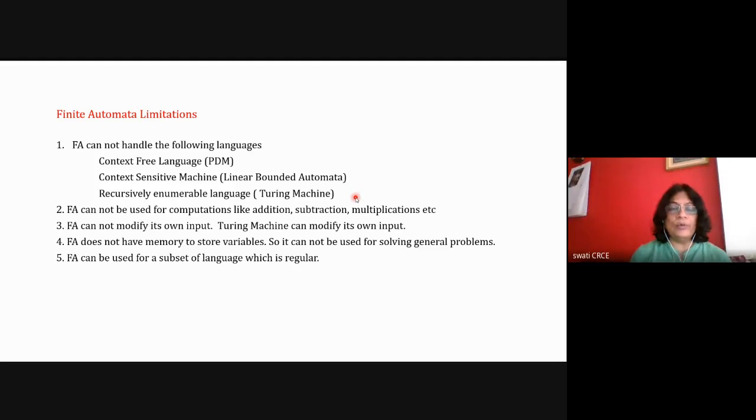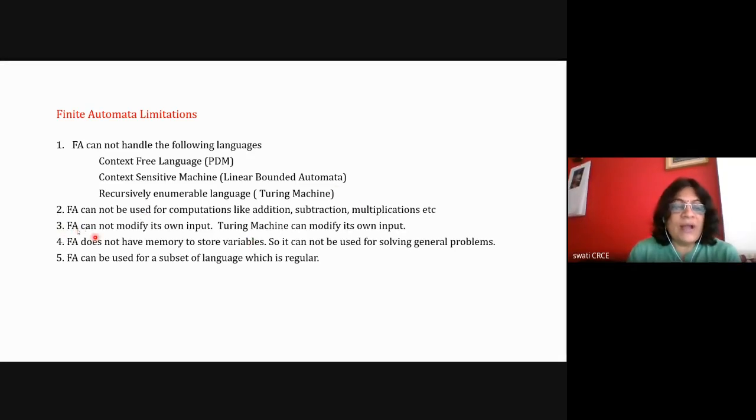If you want to create a new output for an input, that is possible with FA, because DFA with output symbols exist. But suppose you have the input as 0001. You cannot get the output as 10110. This means you cannot modify your input.